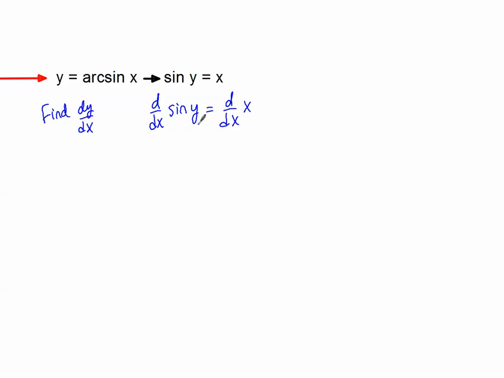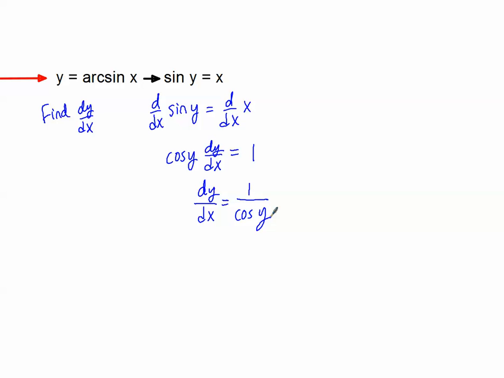The derivative of the sine of y is the cosine of y, but with respect to x, we use the chain rule, dy dx. The derivative with respect to x of x is 1. We solve for dy dx. dy dx equals 1 divided by the cosine of y.